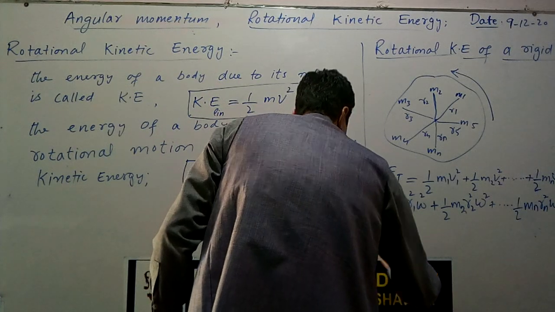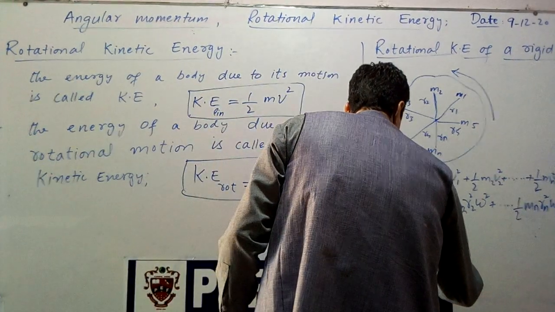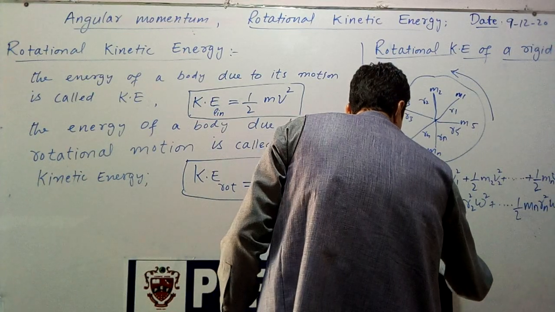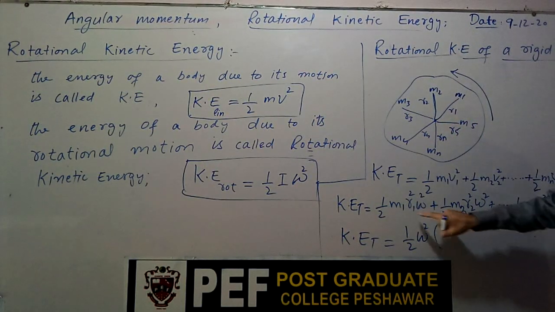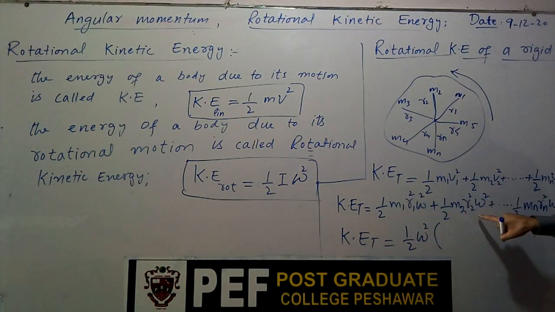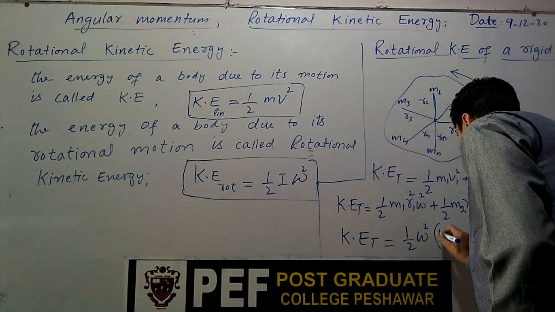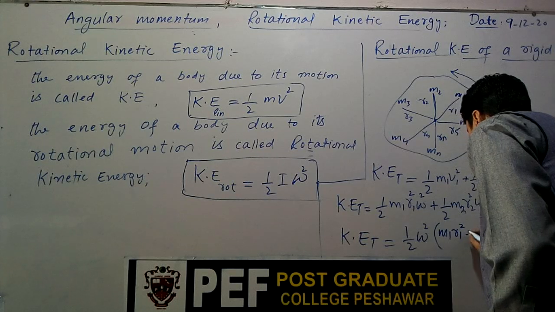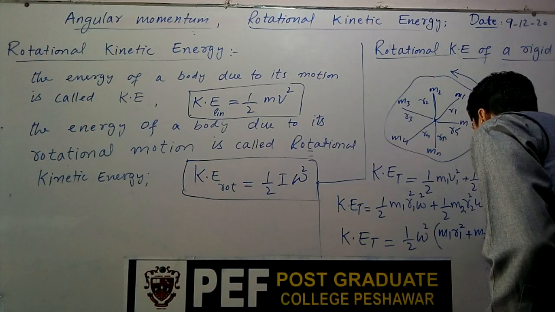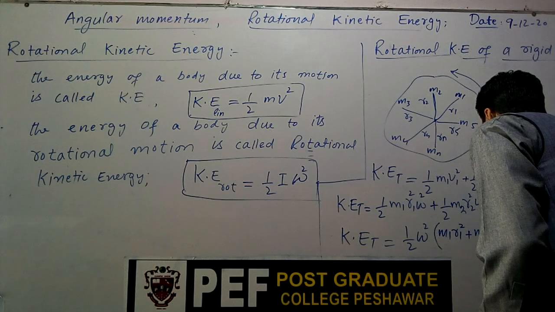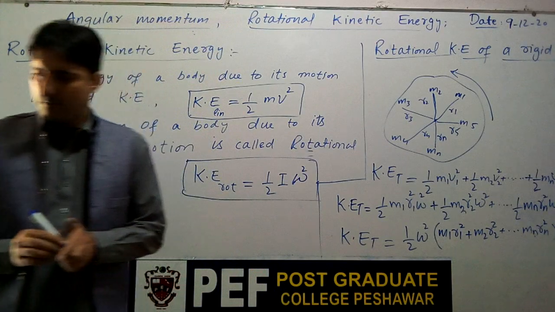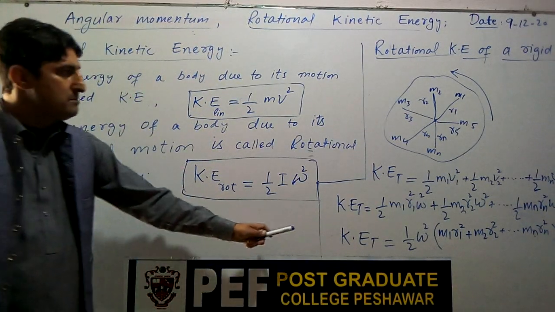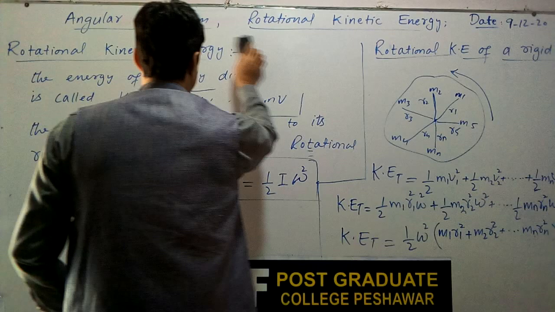Total kinetic energy is equal to 1 divided by 2 omega square times m1 r1 square, m2 r2 square, and so on up to mn rn square. Furthermore, let me write this equation here.